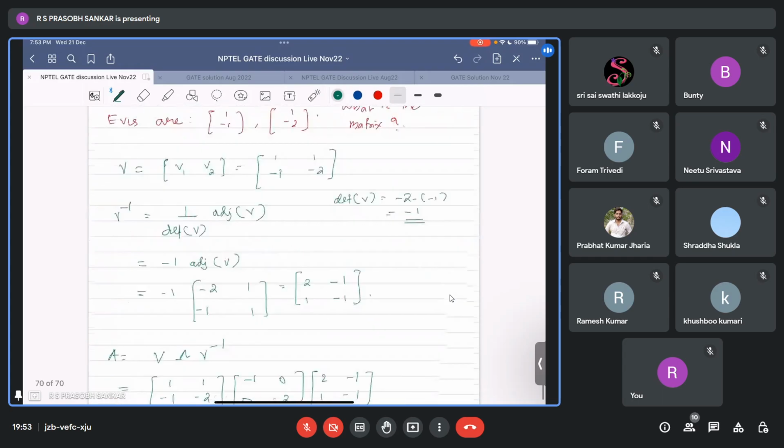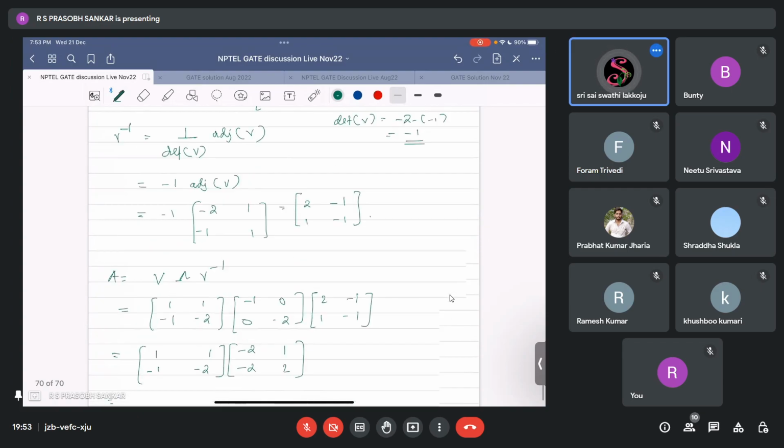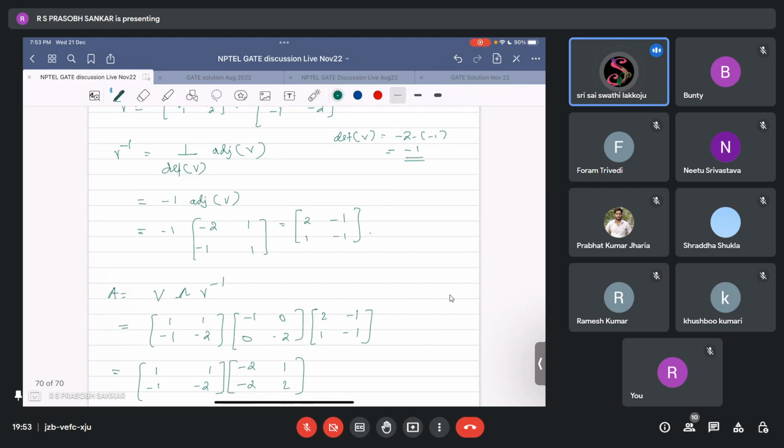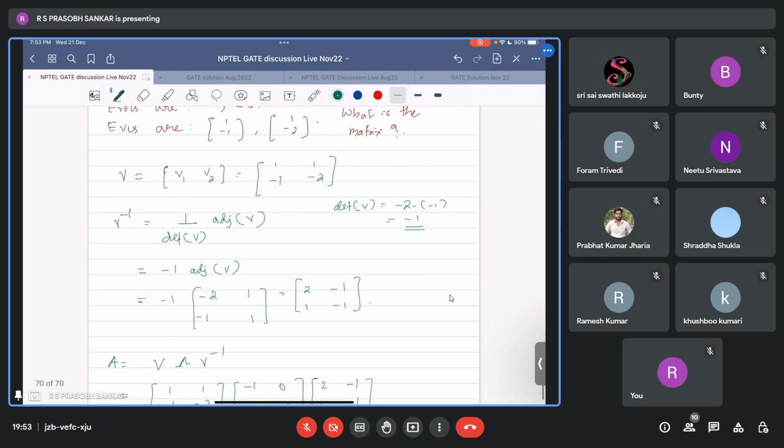This is not matching with the options that we have. So where did we go wrong? I calculated B inverse and I got that as 2, 1, minus 1, minus 1. So first row should be 2, 1, and second row minus 1, minus 1.